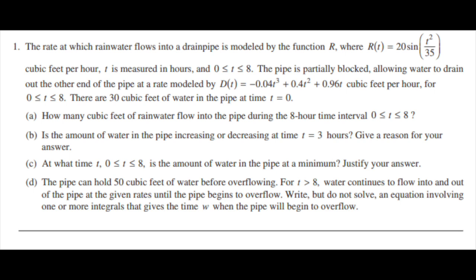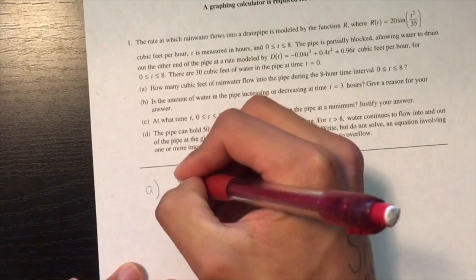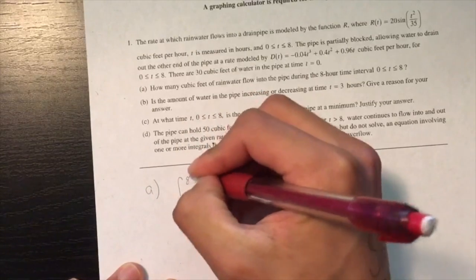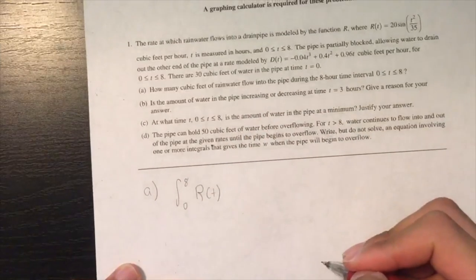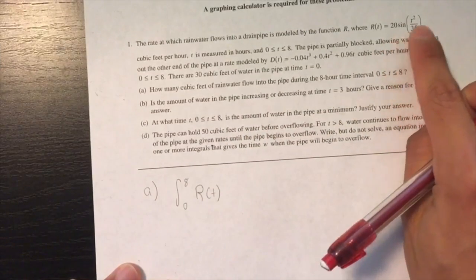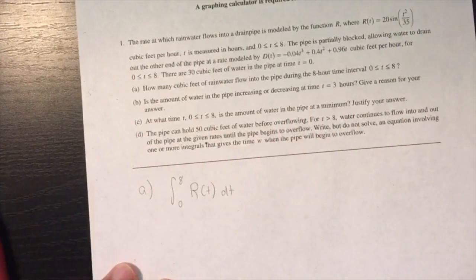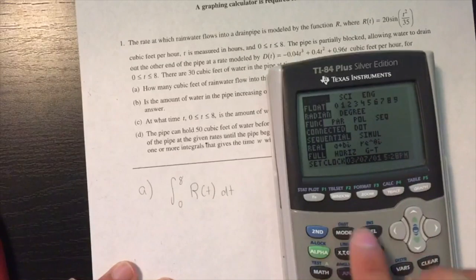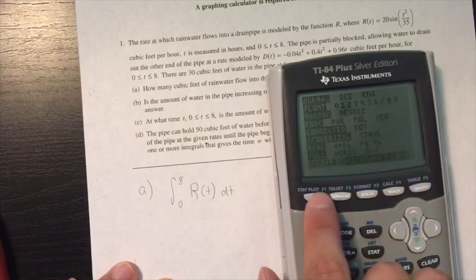Part A. How many cubic feet of rainwater flow into the pipe during the 8-hour time interval from 0 to 8? For part A, we're going to want to set up the integral from 0 to 8 of the rate flowing in, which is given by r of t, 20 sine of t squared over 35 dt. We can do this with our calculators by making sure first to put it in radian mode, not degree mode, a common error.